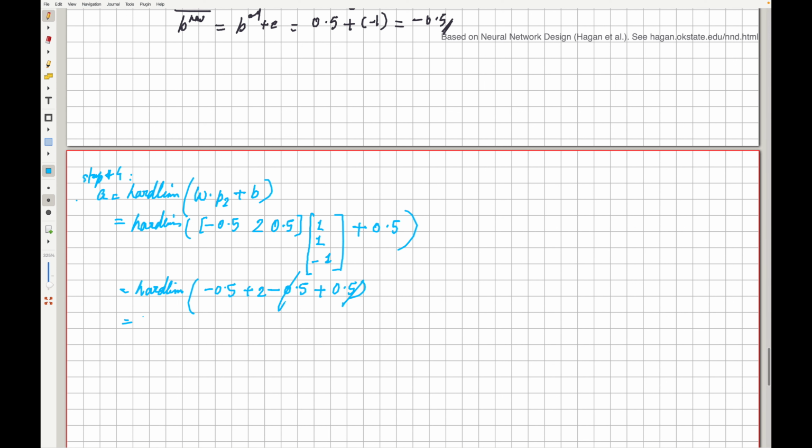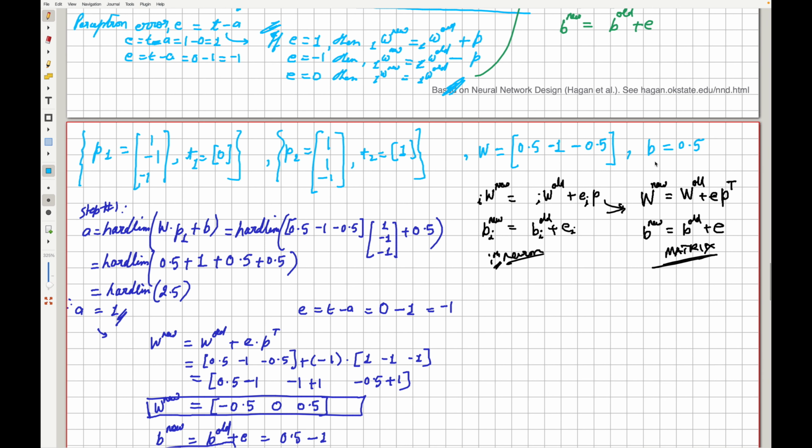What we end up getting here is hardlim of 1.5, and this brings us to A, which is the positive class. And it looks like we have arrived at the final answer, where class 1 for P2 is correct.